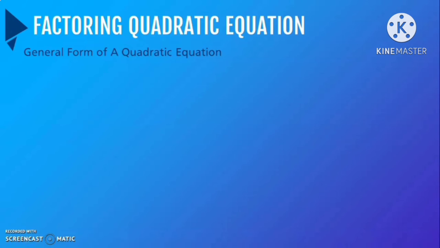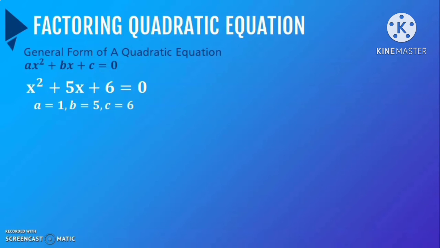The general form of a quadratic equation is ax squared plus bx plus c equal to 0. So we have got this equation right here, where a equals 1, b equals 5, and c equals 6. One of the ways in which we factorize the quadratic was by splitting the middle term.